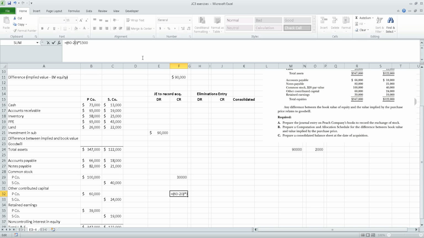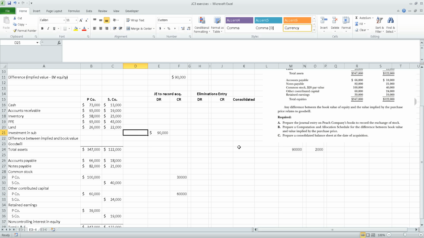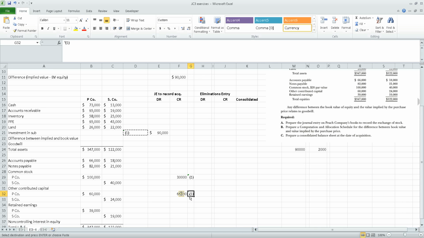The par value is $20 a share. So the excess of the issuance price over the par value multiplied by the number of shares issued, $60,000, goes as a credit to P company's other contributed capital. So I'm going to denote this as journal entry 1. It's the entry that is being made in order to book the acquisition of the company and the issuance of the stock.